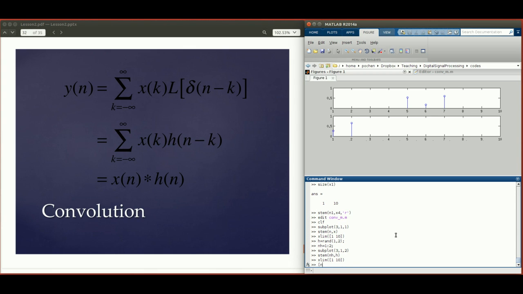So h1, nh1 is going to be a shifted h. Let's use sig shift of h, nh, and it's going to be shifted by what? The first amount of shift is 5.